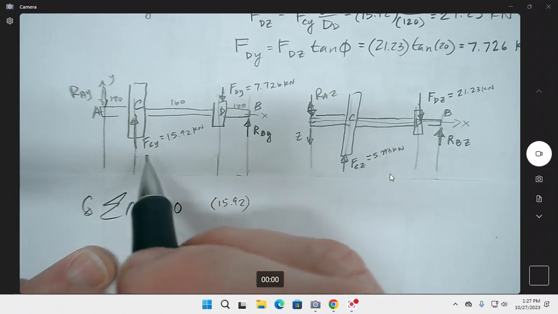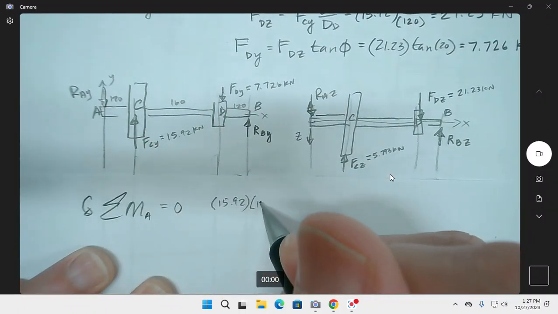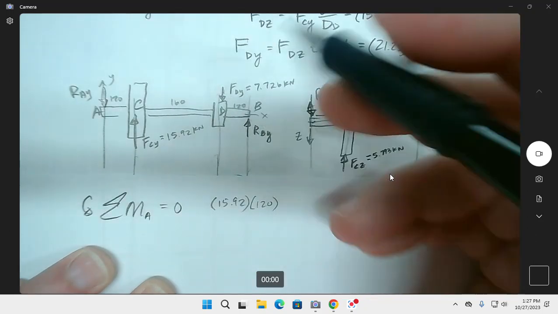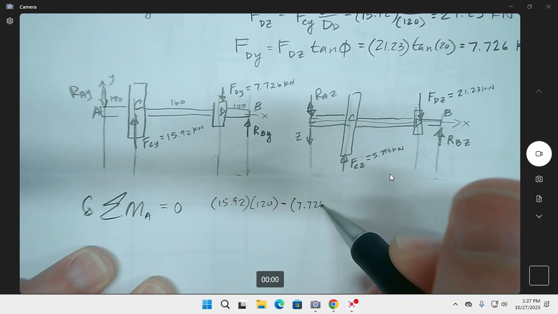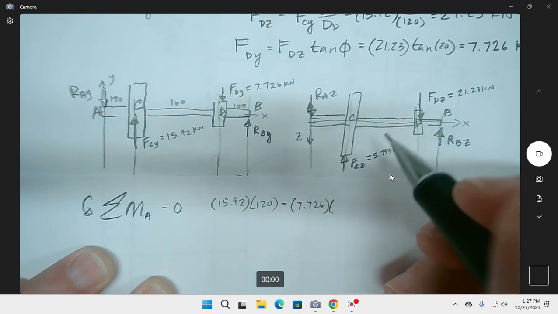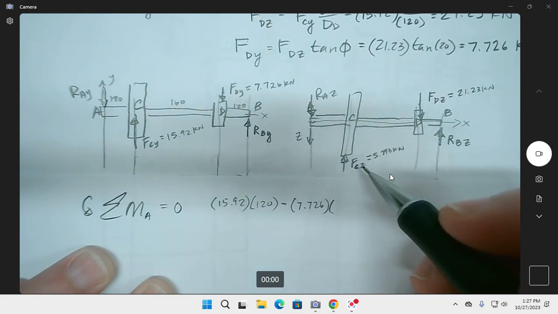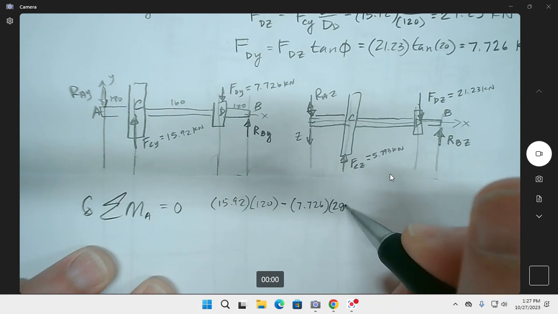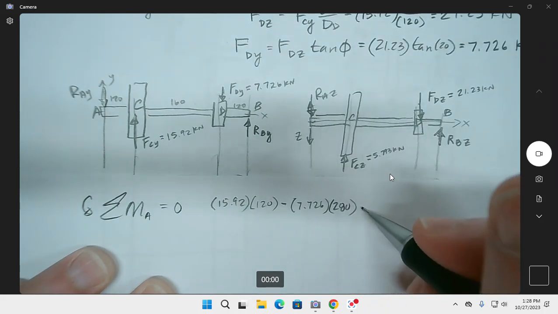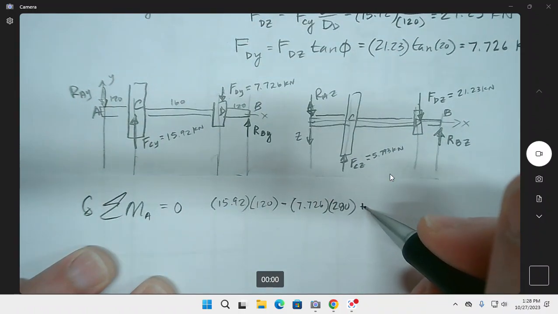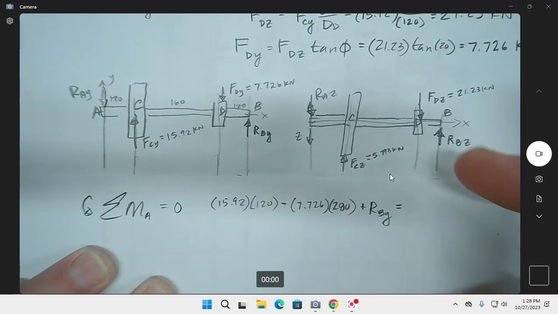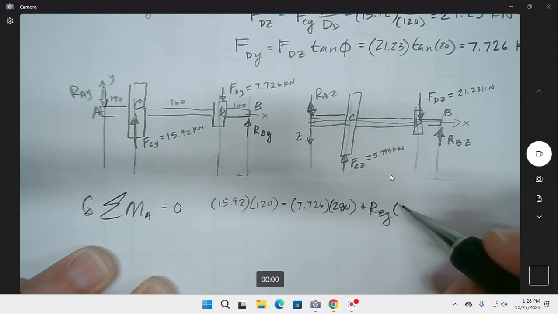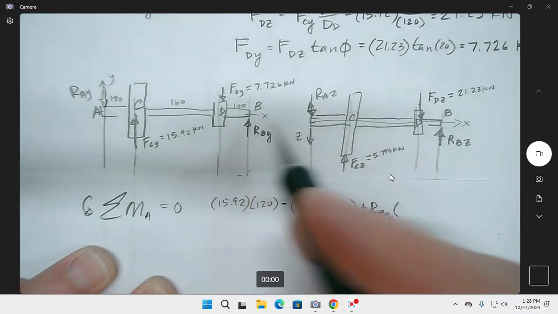Counterclockwise times 120. It's going to be going clockwise. 7.726 times 120 plus 160 should be 280. And then this one is counterclockwise, RBY is the thing we want to find. Oops, we need to multiply it by 120 plus that, right?